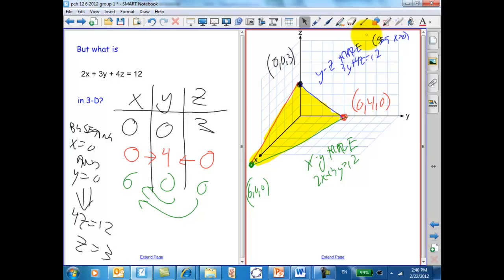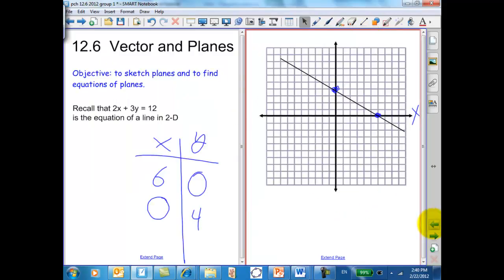Because if we take this standard linear form, which kind of speaks line to me, right? Basically the linear equation, we take all the variables to the first power. If I keep doing that in higher and higher dimensions, the shape is going to keep changing. It's always going to be 1 less than the dimension. Just like 2x plus 3y equals 12 in 2 space is actually a 1-dimensional line.